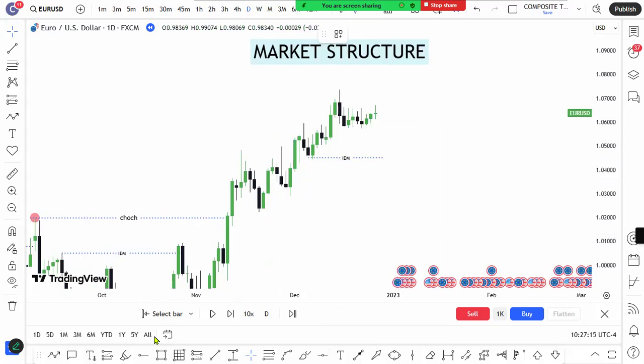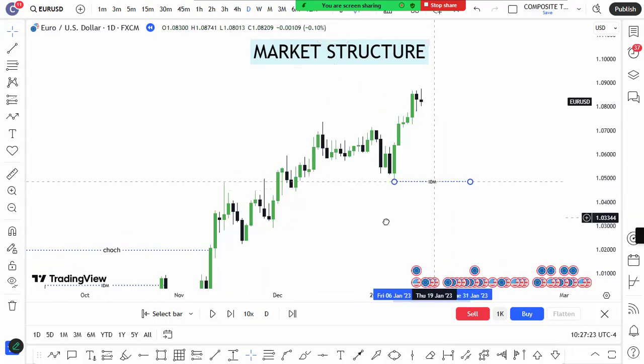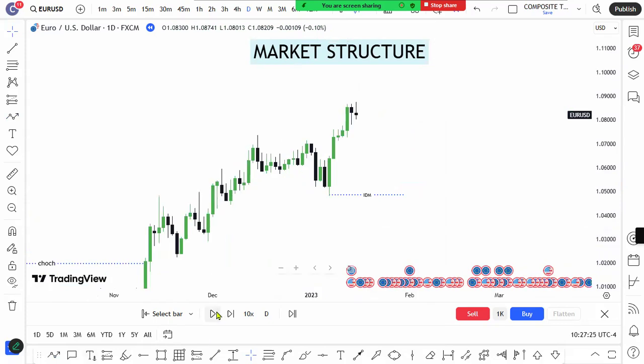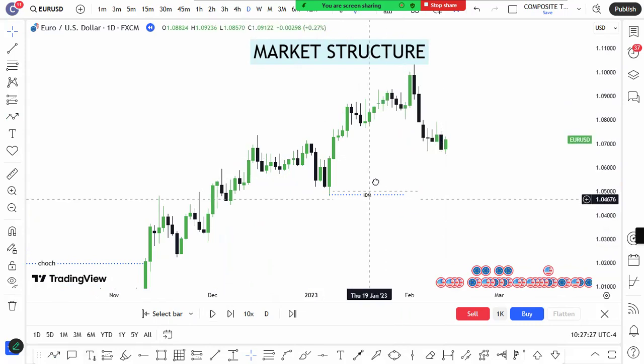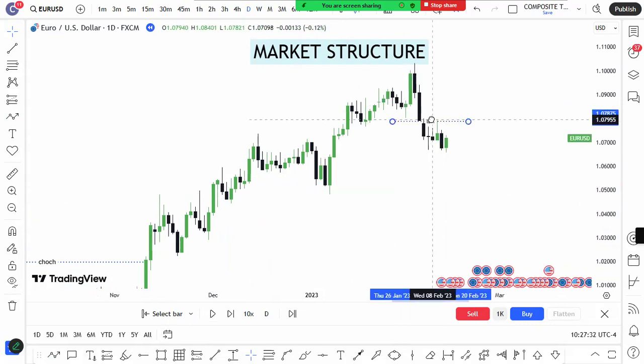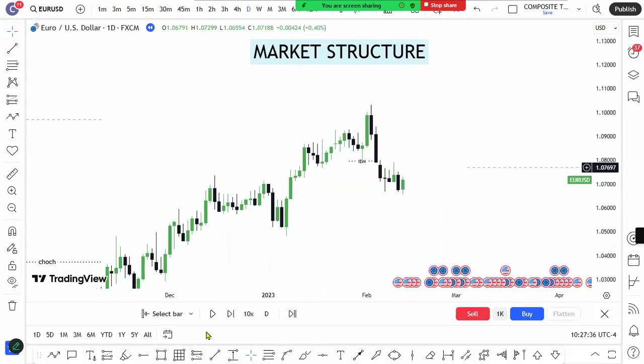We get it taken out to look for buys. Okay, price created a new inducement, which is this one. Okay, so we have a new inducement. New inducement taken out, then you confirm your high.